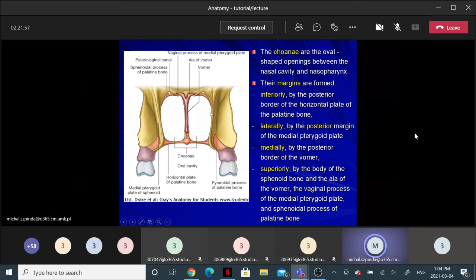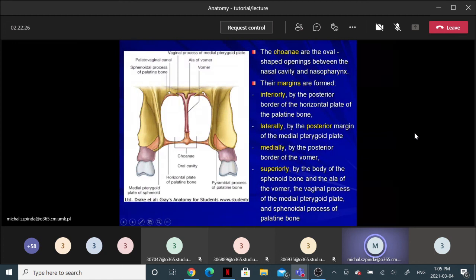As you can see, the sphenoidal process of palatine bone arches superomedially, and so it's present in both the lateral and superior walls of the nasal cavity. Such a surface participating in the nasal cavity is inferomedial.